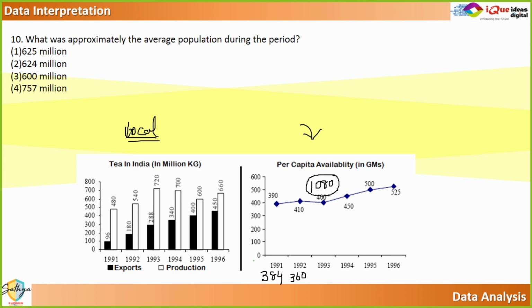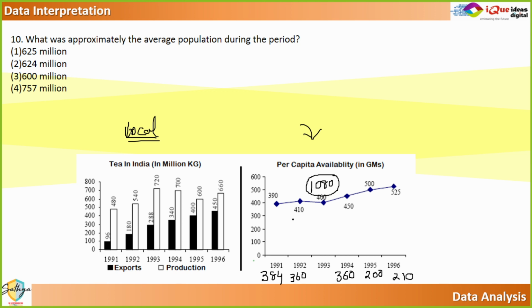Chalo, moving ahead, for 94, the local consumption amount was 360. For 95, local consumption availability was 200. And for 96, the local consumption amount was 210. Are we together so far on this?